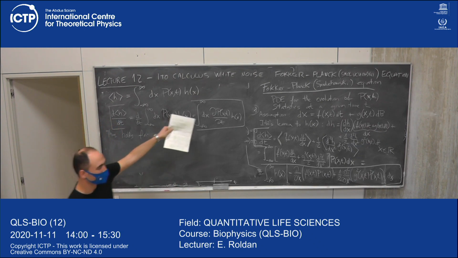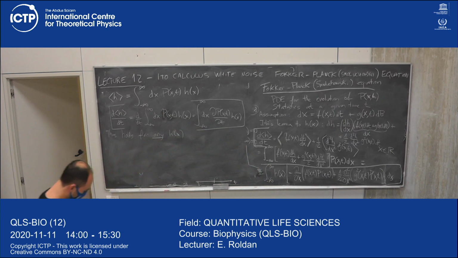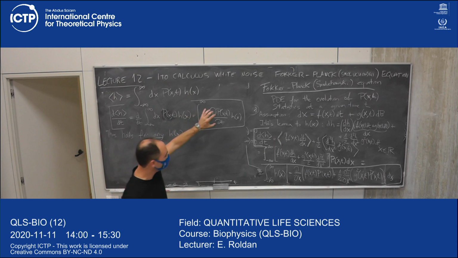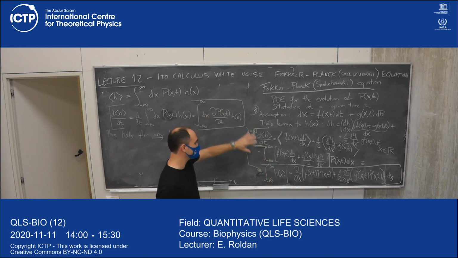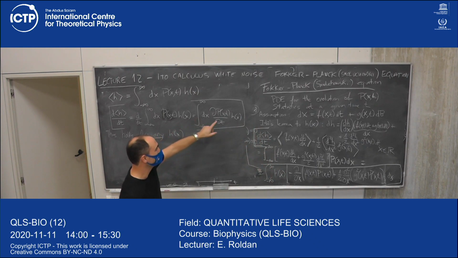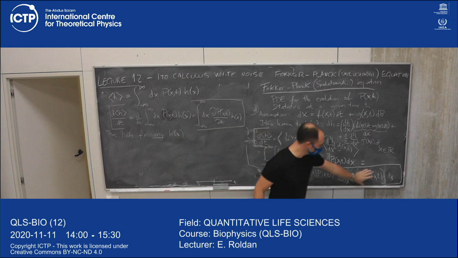This is equal to this for any h of x. What does it mean? It means that the integrands, what is inside, are equal. This integral is equal to this integral for any function. It means this equals all this.